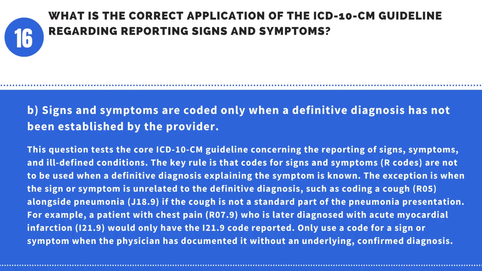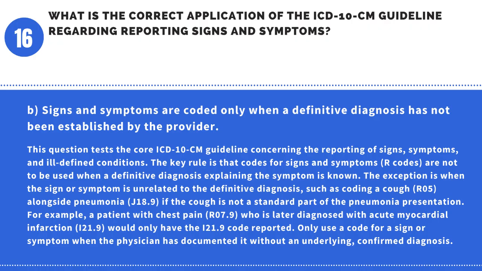The exception is when the sign or symptom is unrelated to the definitive diagnosis, such as coding a cough, R05, alongside pneumonia, J18.9, if the cough is not a standard part of the pneumonia presentation. For example, a patient with chest pain, R07.9, who was later diagnosed with acute myocardial infarction, I21.9, would only have the I21.9 code reported. Only use a code for a sign or symptom when the physician has documented it without an underlying, confirmed diagnosis.